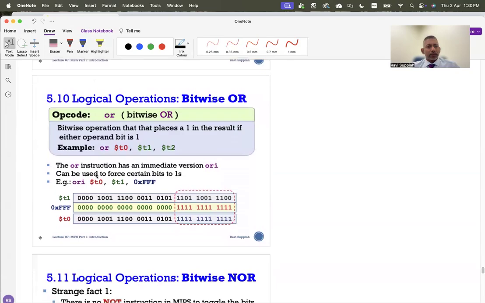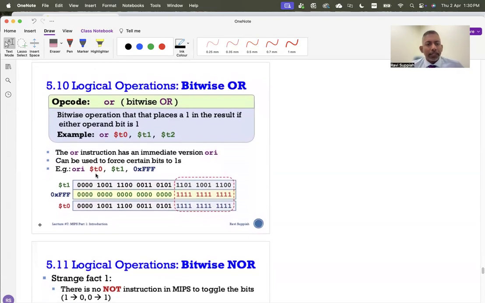Now for the OR operation, what is the use case? If I want to set any bit to 1.